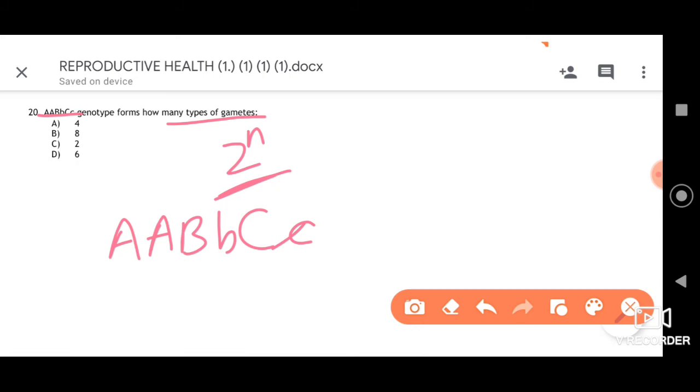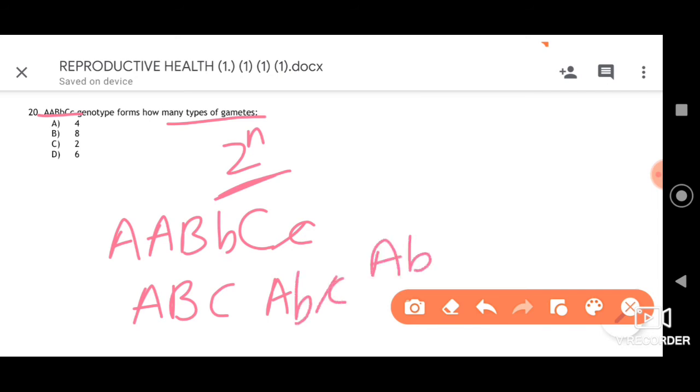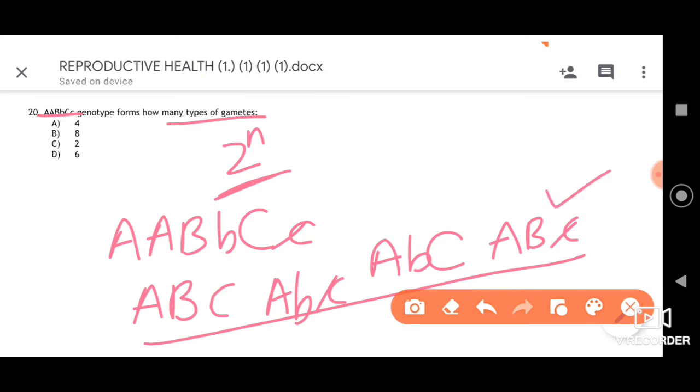Now we'll produce 4 types of gametes. Let me tell you, you have all the combinations: capital A, capital B, capital C; the second one, capital A, small b, small c; the third one, capital A, small b, capital C; and capital A, capital B, small c. These 4 gametes can be produced. So you have to look for all the combinations.